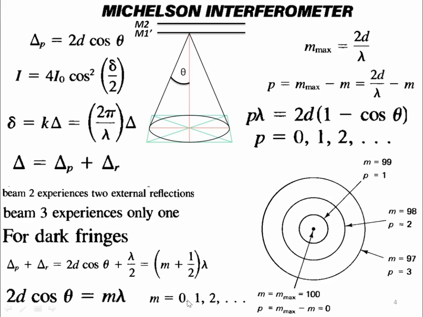If I go, say, for m equal to 99, I will end up at some different value of theta, where we will be having another dark fringe, and corresponding to that p will be 1. And when we go further to, say, m equals 98, we can find p is equal to 2, and so on. So that's how we can characterize those interference fringes or circles with the help of another integer called p, with the central one being p equal to 0.